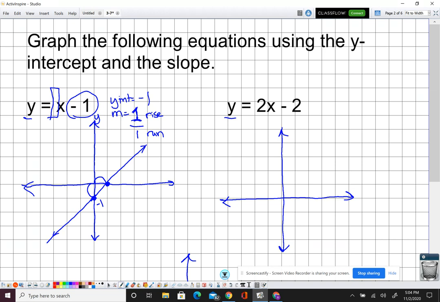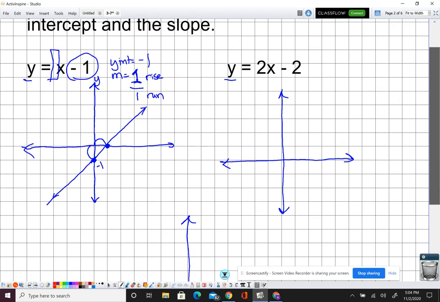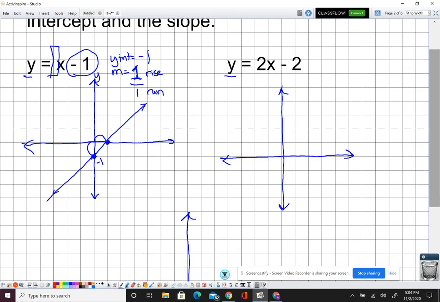Once we do that, we said a system is two or more equations. So there's one equation, and here's the second equation. Once again, it's already solved for y. Our y-intercept is this plain number, -2. The slope is 2. It's an integer, so we make it 2 over 1.